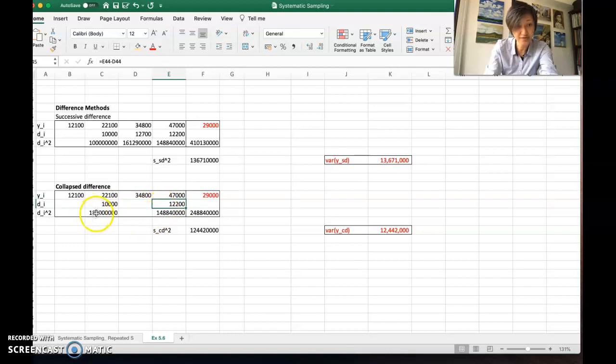Then the summation of differences square, and now I would divide it by the number of the data that we collected. Okay, so that becomes our s square.